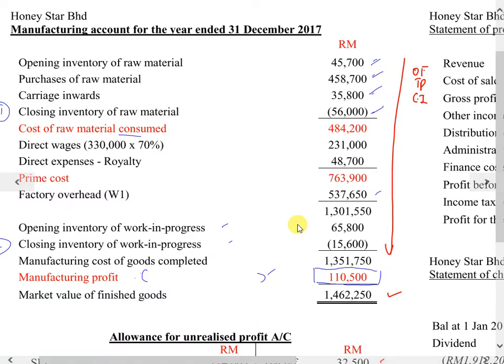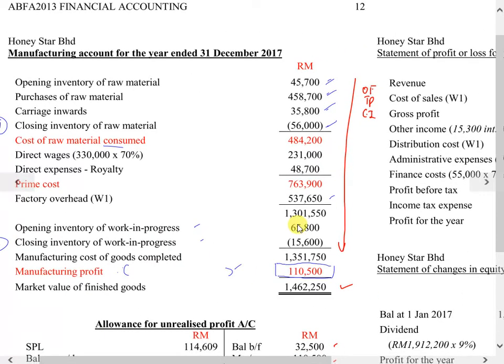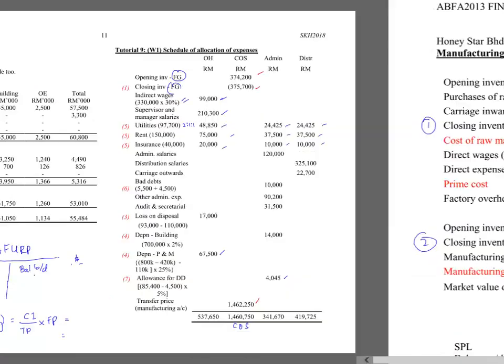Okay, so 1462 must be transferred to where? Transfer to P&L, right? But P&L, we cannot show opening, transfer, closing. So what must you do? Can you see we have a working? Opening finished goods, transfer price 1462, closing inventory. So you can see here.